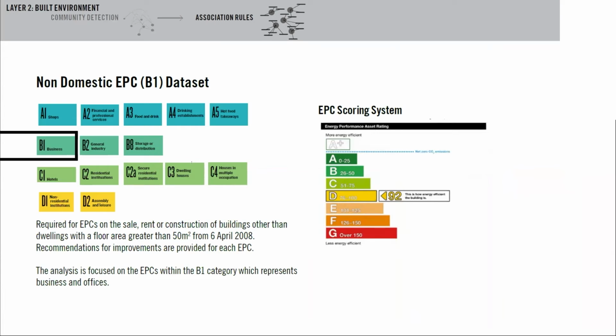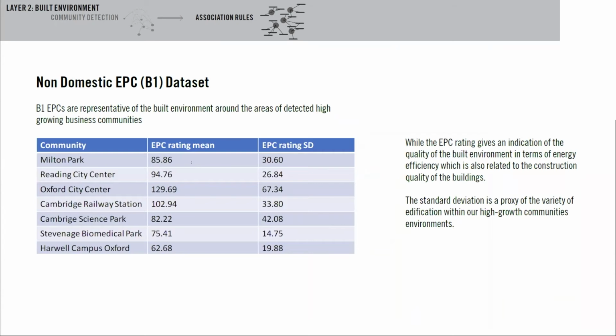So first of all, we plot those energy efficiency ratings back to our detected communities. And we can see that the variations among those detected communities are quite big and obvious.